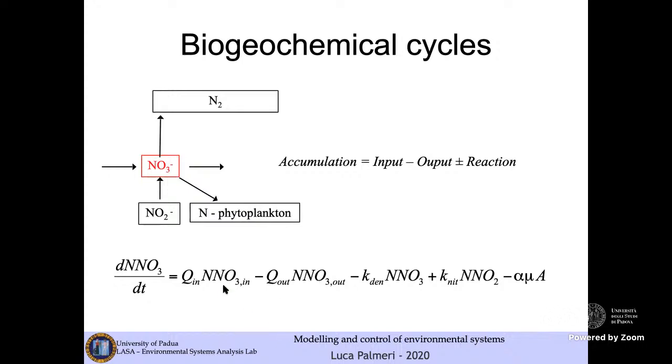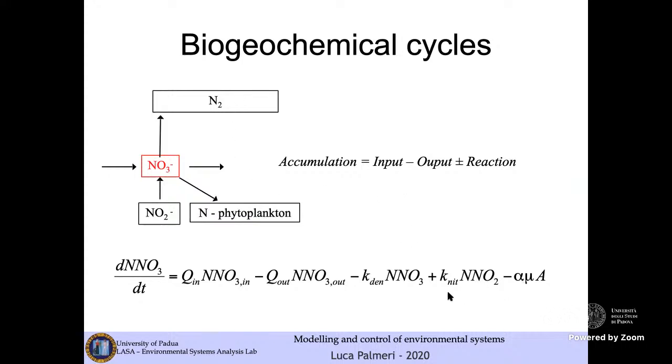So input, inflow minus outflow, plus what? Plus we may include some transformation processes. In this case, we may include the nitrification process. So reduction of nitrate into gaseous nitrogen.